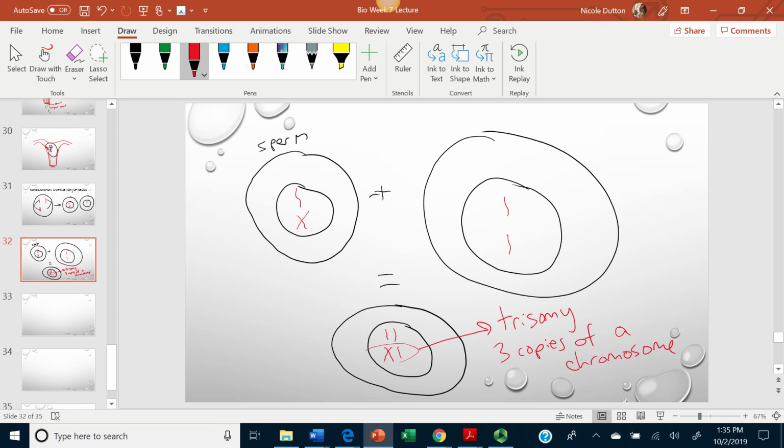And in heredity, once we get into that, we are going to talk about which trisomies survive and so forth. But if you've ever heard of Down syndrome, it is trisomy at locus 21. So if you lay out all the chromosomes in pairs, pair 1, pair 2, pair 3, pair 4, all the way down to pair 21, pair 21 has 3 chromosomes, and that's trisomy 21, and that results in Down syndrome.